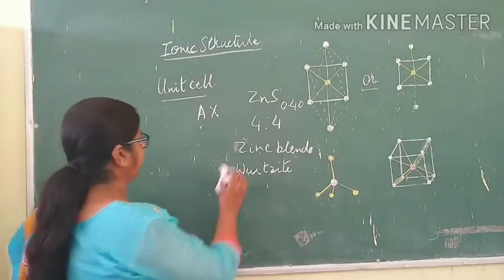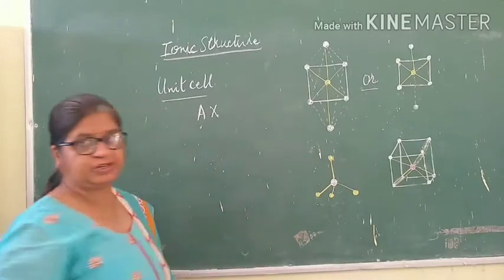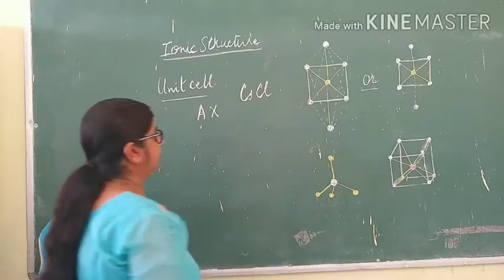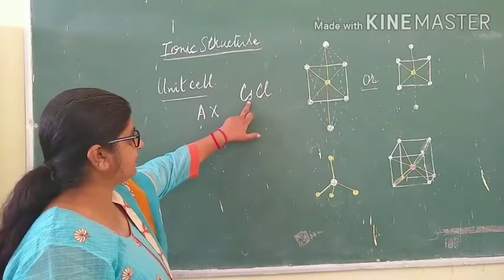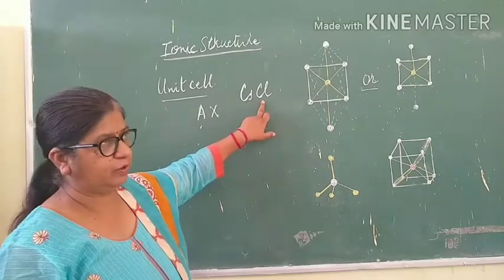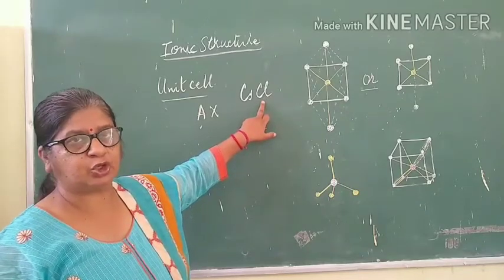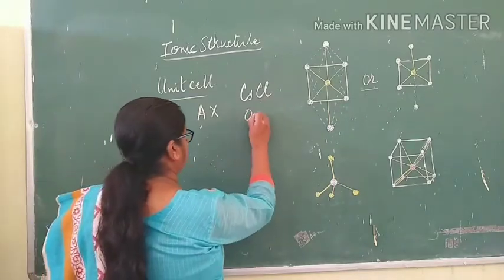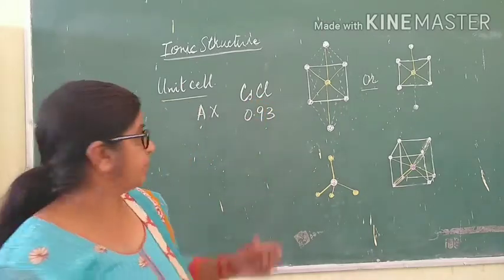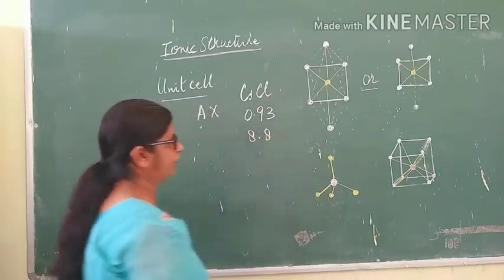Next comes the cesium chloride type of structure. Here the coordination number of cesium is 8, and the same is for the chloride ion. Here the radius ratio is equal to 0.93. This is an 8:8 type of arrangement.